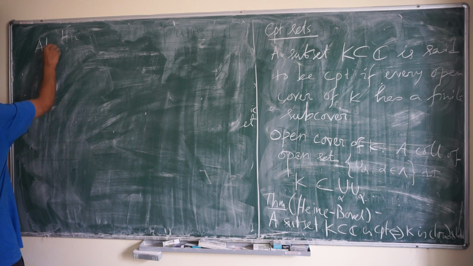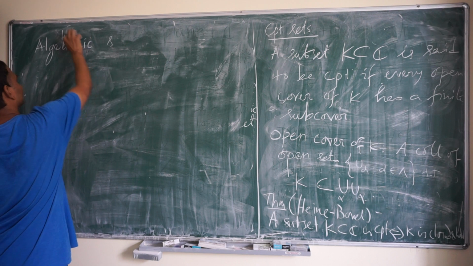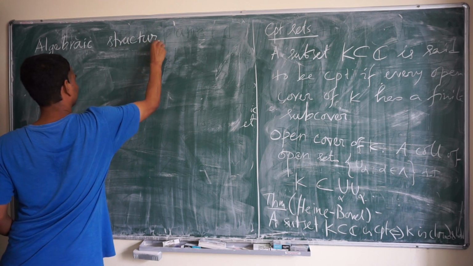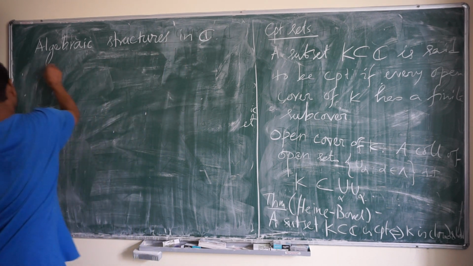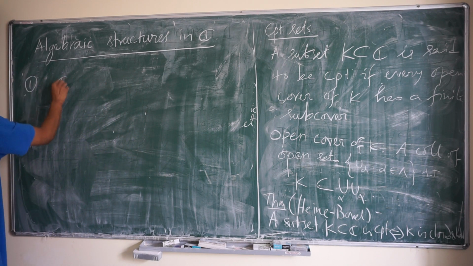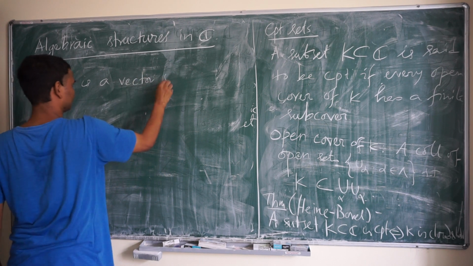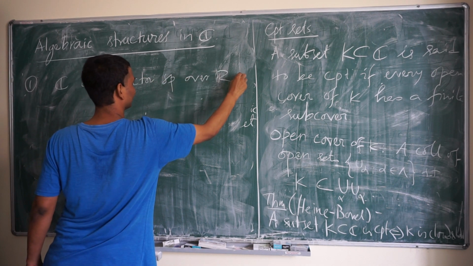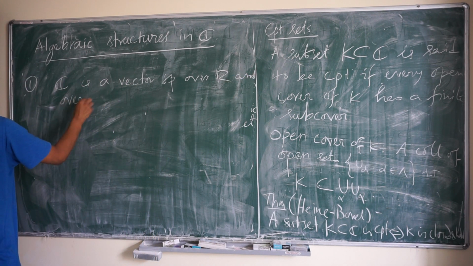In C there are several structures. Firstly, C is a vector space over R and over C.